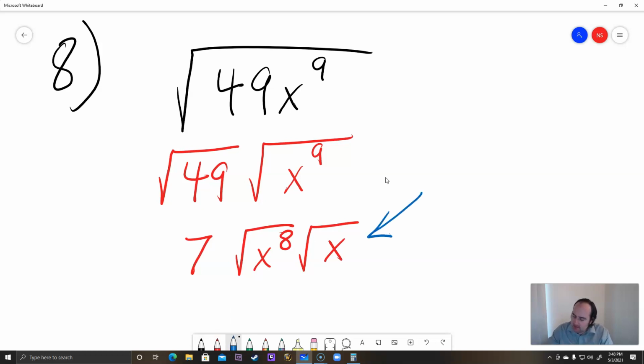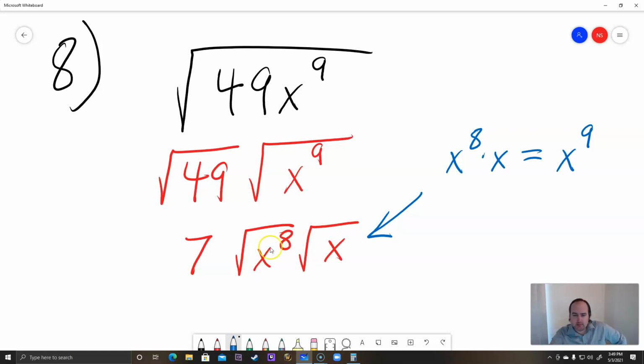because, remember, x to the 8 times x equals x to the 9. So I'm allowed to do that because the square root of x to the 8 times the square root of x is the square root of x to the 9. So why did I do it that way? Well, because I know that the square root of x to the 8, I'm just going to go ahead and divide the exponent by 2, and I know that 2 goes into 8.